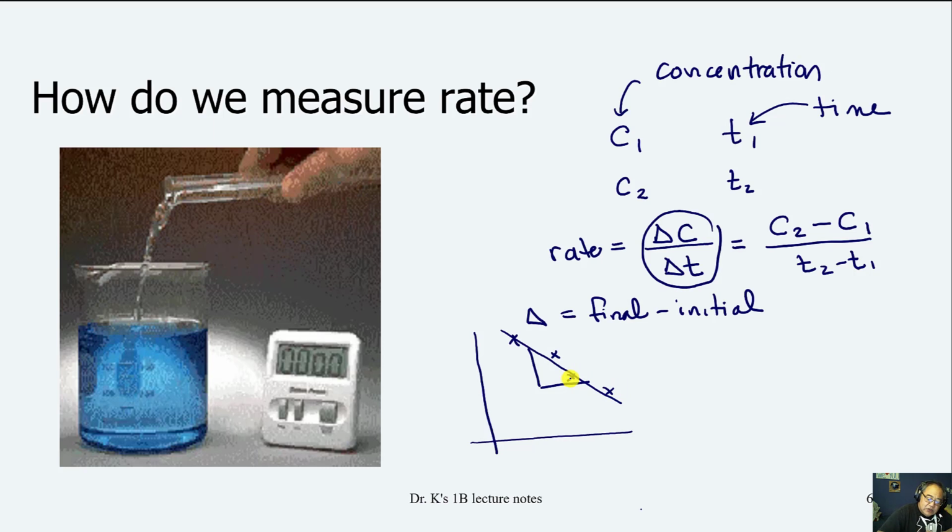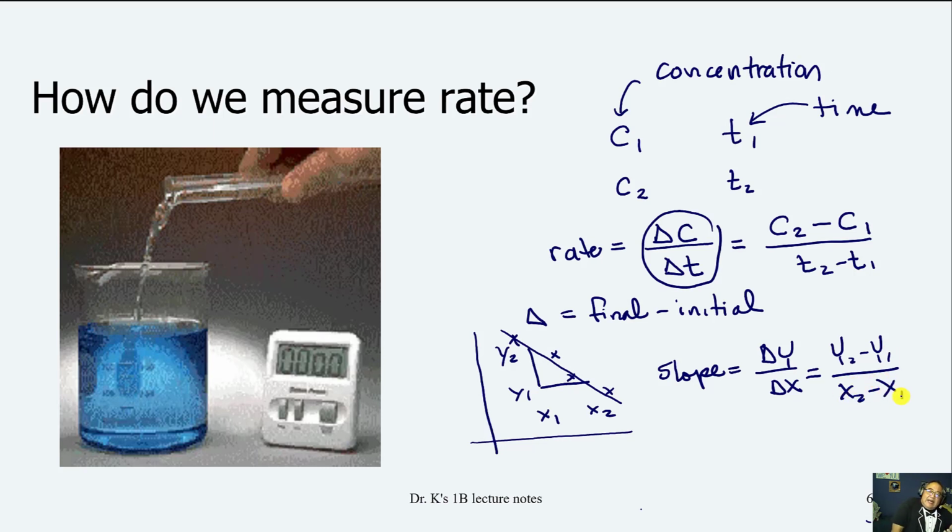Then you're going to take x1 and x2 and y1, because that goes with x1, and y2, and then you're going to calculate the slope. That's delta y over delta x, which is y2 minus y1 over x2 minus x1. In this case I used x's, but in our example, it was time.